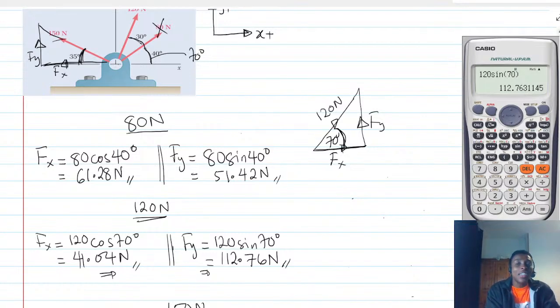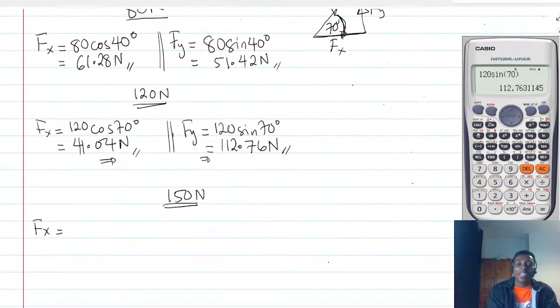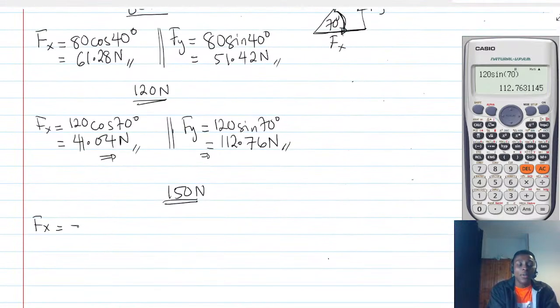But interestingly, the direction of the x-axis is towards the negative x direction. And for that matter, you are going to negate the x. So in other words, it's going to be minus 150 cosine of 35 degrees.